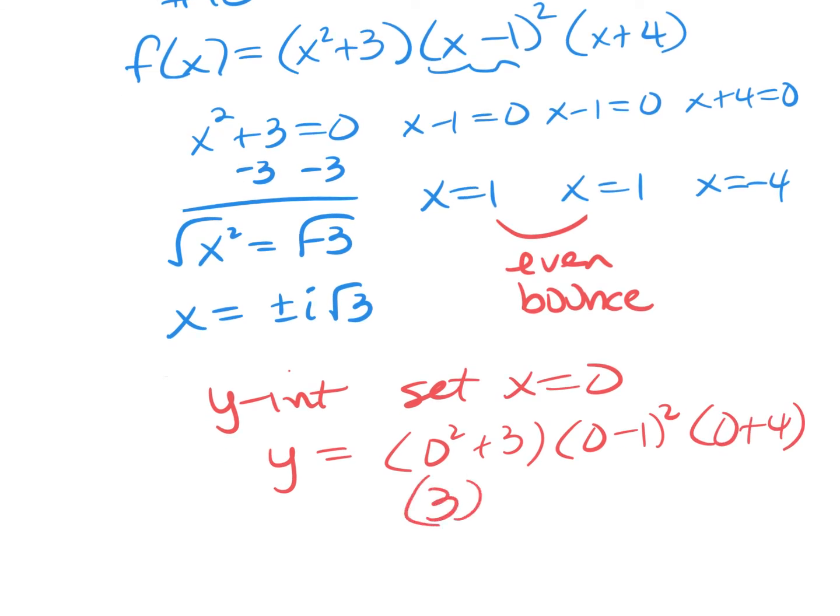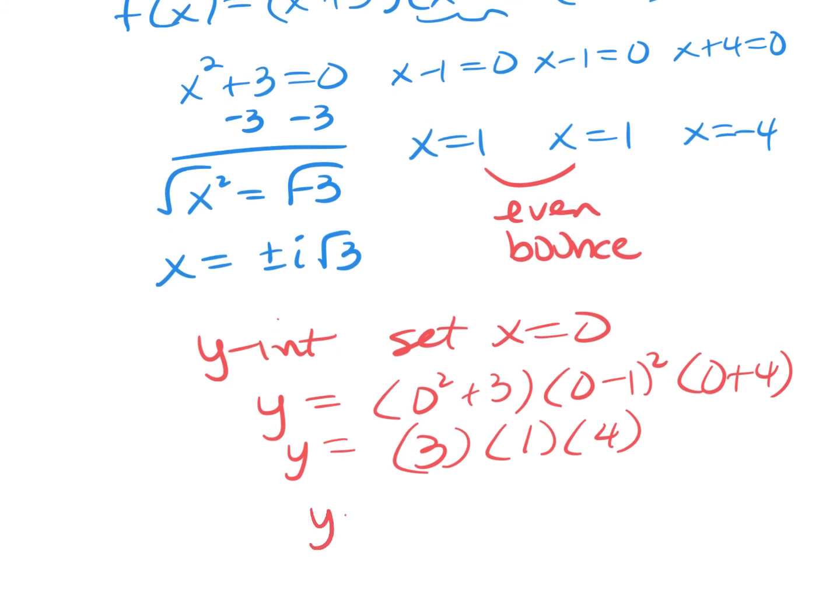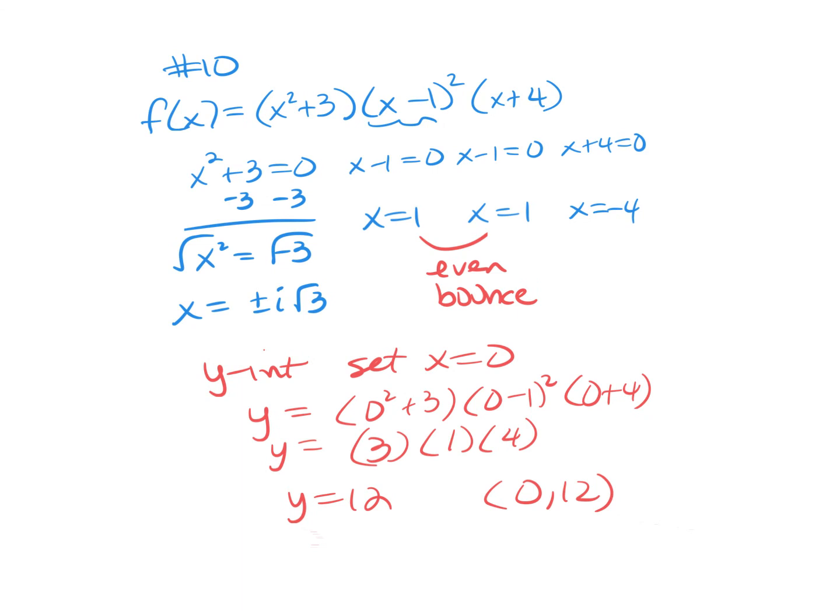This gives me 3. This gives me positive 1 when I square negative 1, and then 4. And then once I multiply 3 times 1 times 4, I get 12. So my y-intercept is (0, 12). So now, let me go ahead and put this all on my graph.